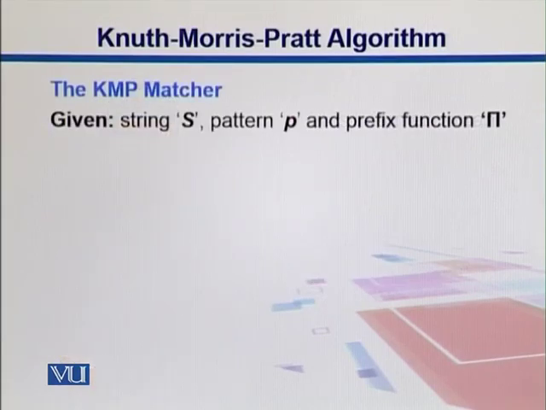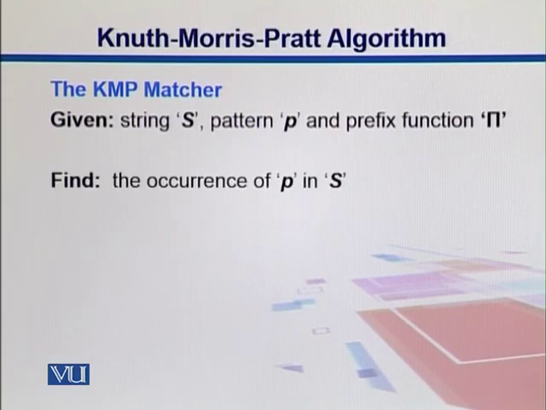Here is the KMP matcher. Given the string S, pattern P, and prefix function, we will compute the prefix function first before we start this KMP matcher. Now we have three things to start with: the string S, the pattern P, and from these two we have calculated the prefix function which we are using here.